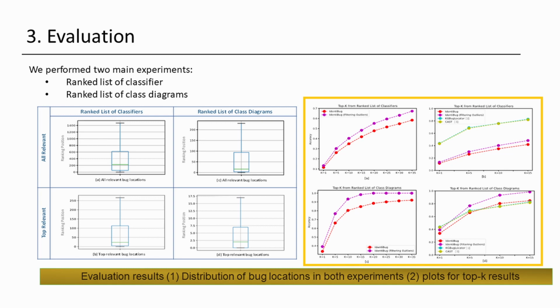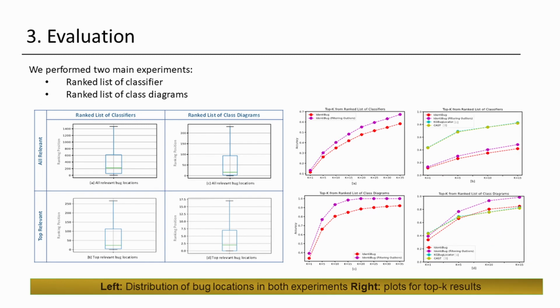The figure also shows how the top K results are affected by outliers, which is more significant for our diagram ranking compared to the plain classifier ranking. This evaluation gives initial indications for a promising research direction to recommend bug locations as structural diagrams.